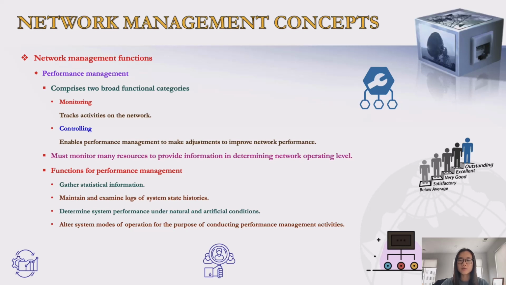In addition, performance management needs to include several general functions, including gathering statistical information, maintaining and examining logs of system state histories, determining system performance under natural and artificial conditions, and altering system modes of operation for the purpose of conducting performance management activities.